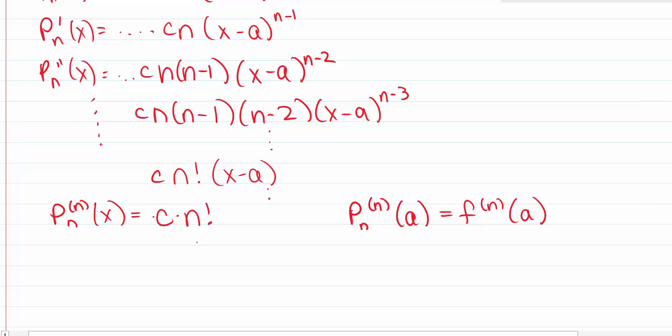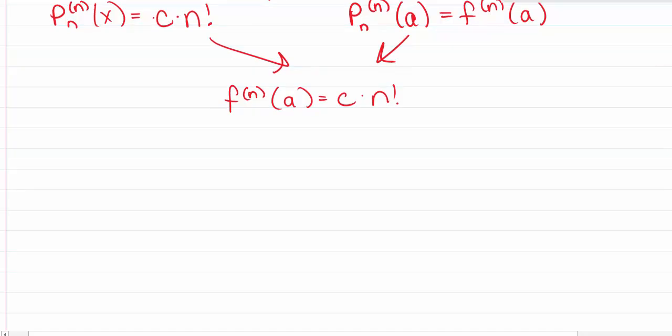So combining these two statements, we get that the nth derivative of f at a should equal c times n factorial, or that the constant in front of the x minus a to the n term ought to be the nth derivative at a divided by n factorial. So what does that tell us?